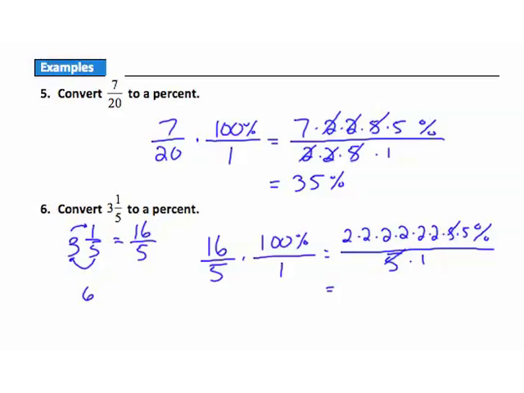We're going to look at 64 times 5. 5 times 4 is 20, carry the 2. 5 times 6 is 30, plus 2 is 32. So we're going to get 320% over 1, which is just 320%. So when I convert 3 1/5 into a percent, I get 320%.